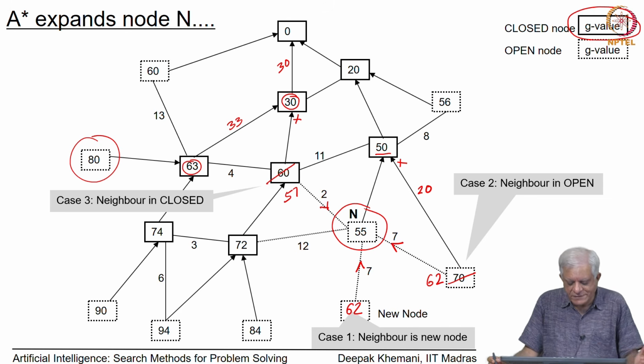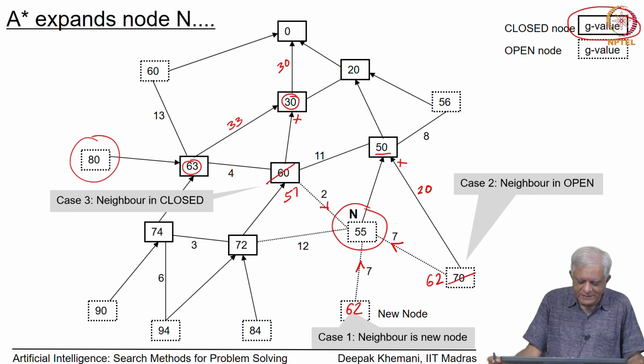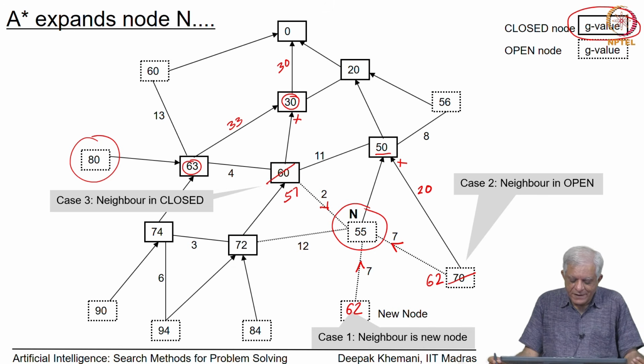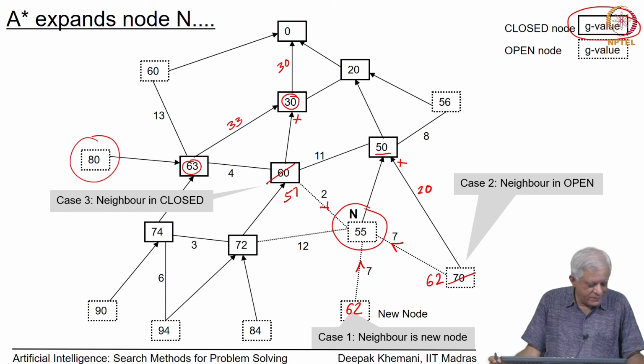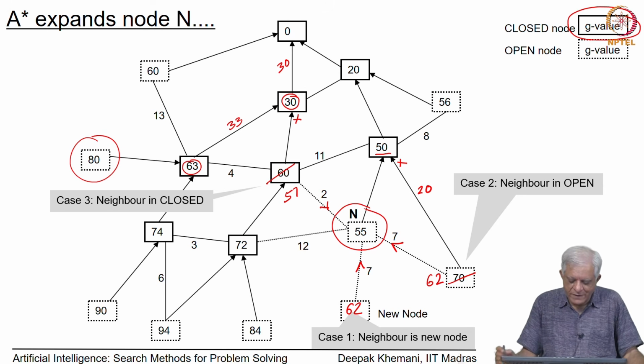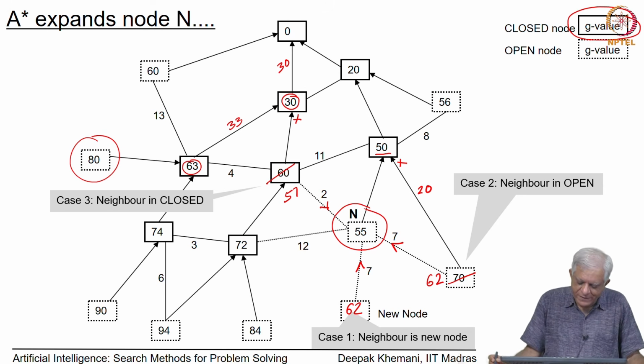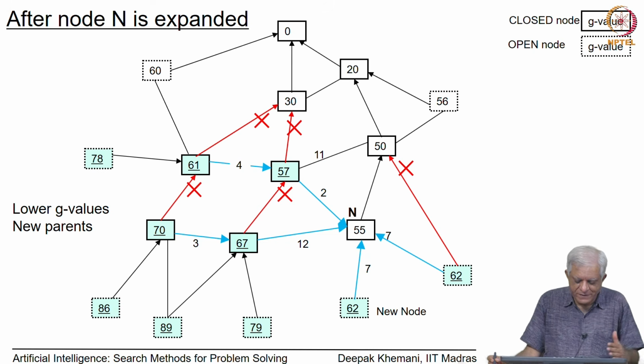And because this is on closed, it already had children, it already had neighbors, and we need to explore whether we have found better paths to those neighbors and keep propagating as long as we are finding better paths to nodes in closed. So, by the end of this process, the graph now looks like this.